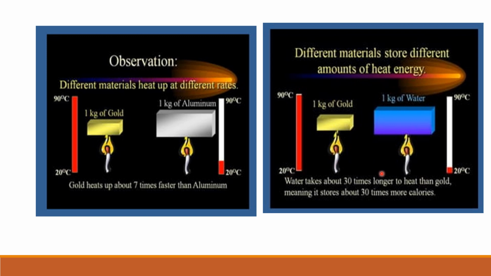We are supplying the same amount of heat energy, but gold heats much faster when compared to water. Water takes 30 times longer to heat when compared to gold. So it indicates that water stores 30 times more heat energy as compared to gold.